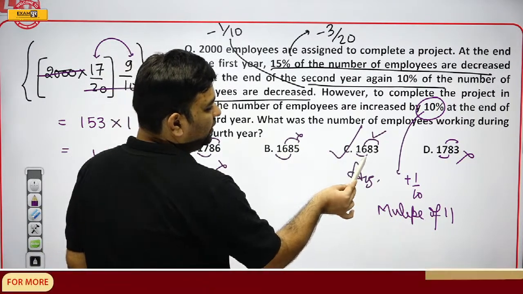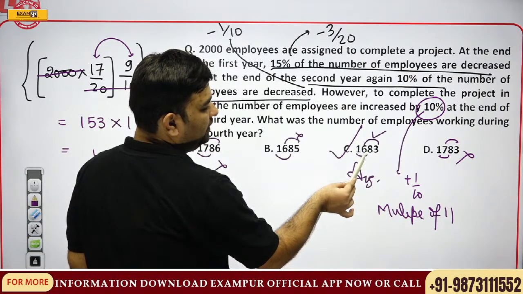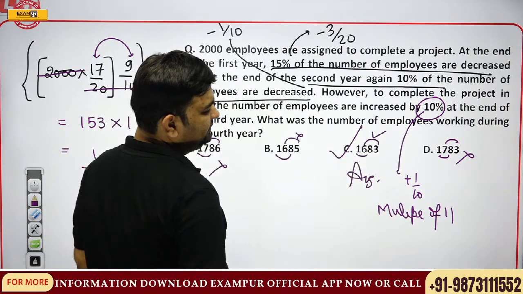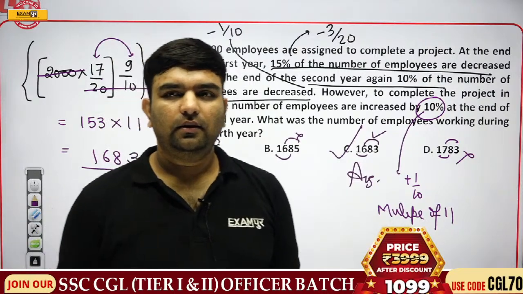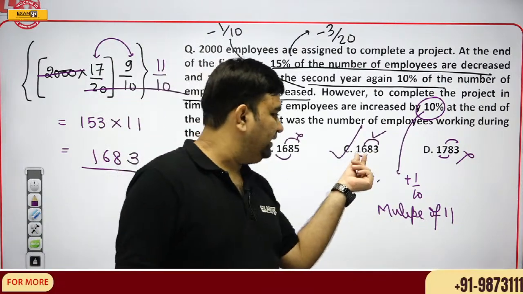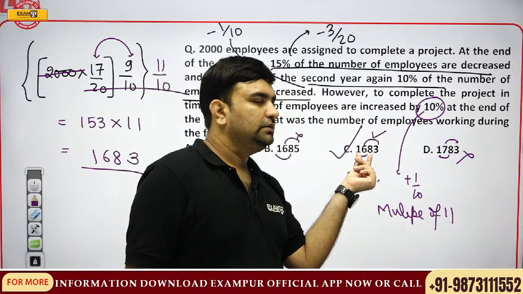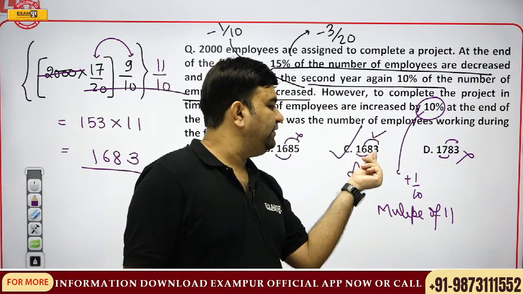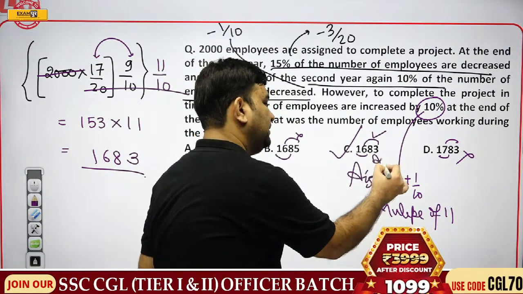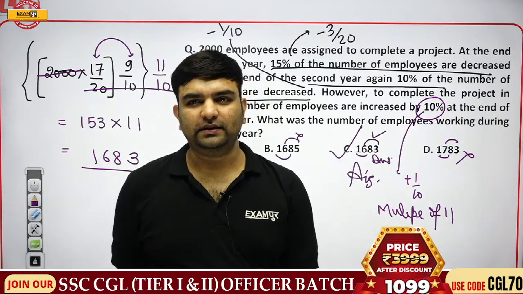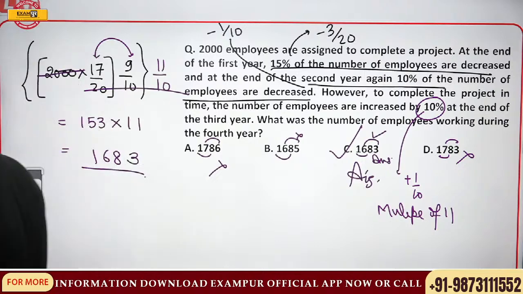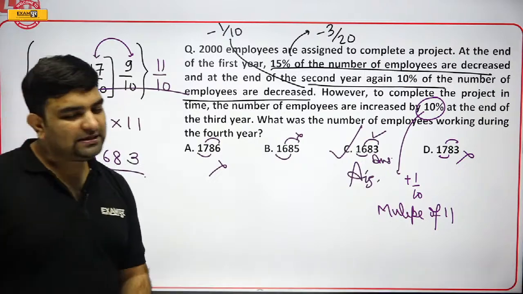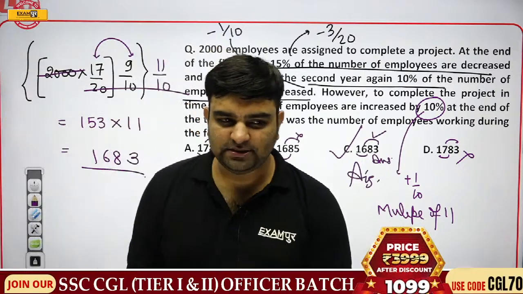No. After 153, how much? 153 again, yes. 153, 2 times. So multiple checking, guys, you can also do.